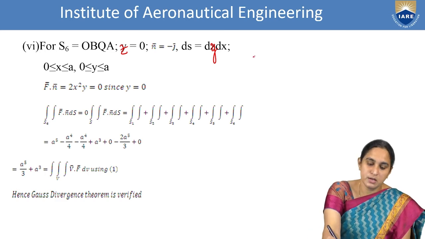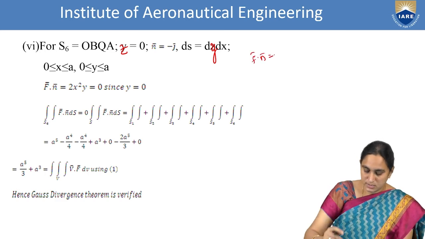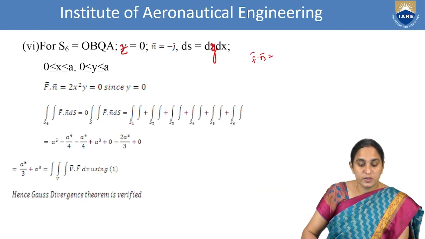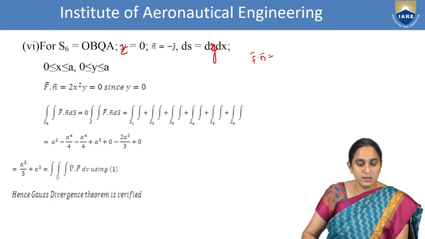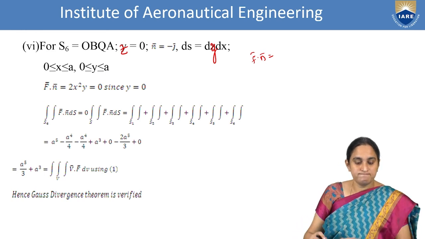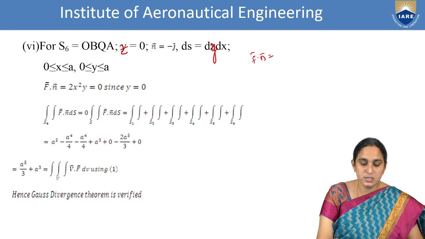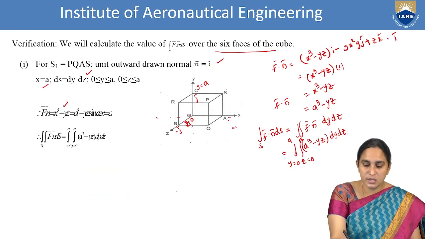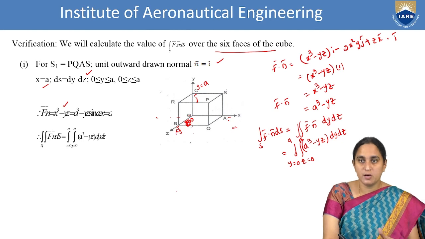Therefore, f bar dot n bar is equal to what? Already we know that here f bar dot n bar is equal to minus 2x square y. Okay, minus 2x square y. Therefore, here OBQA is on the y-axis negative side, right?